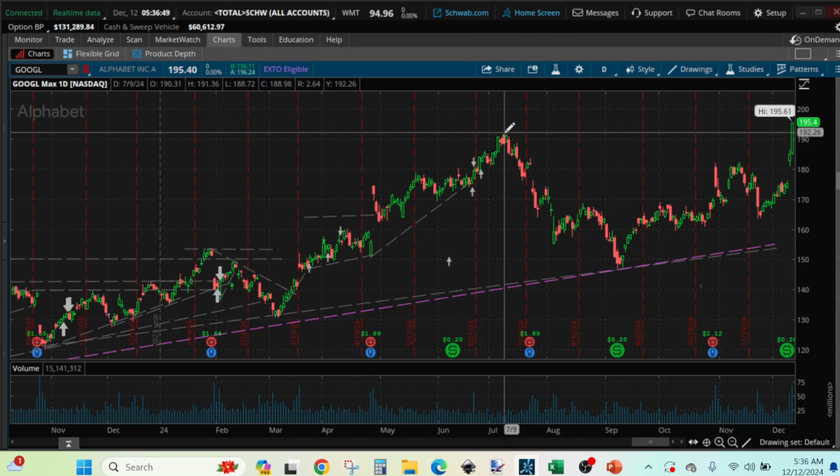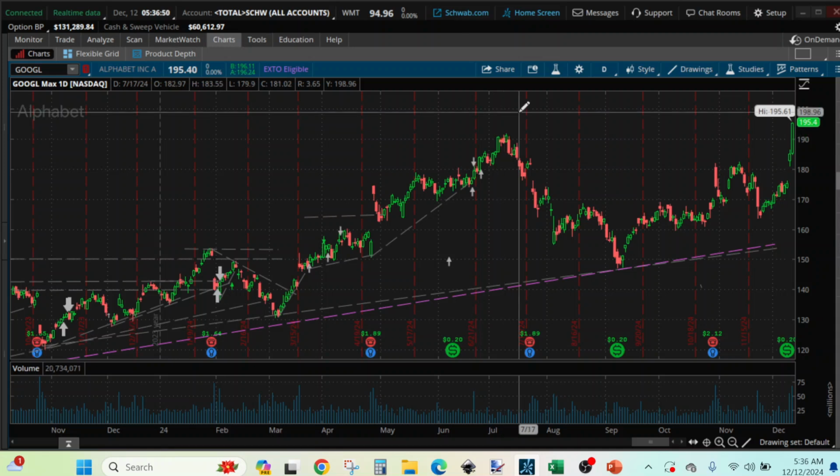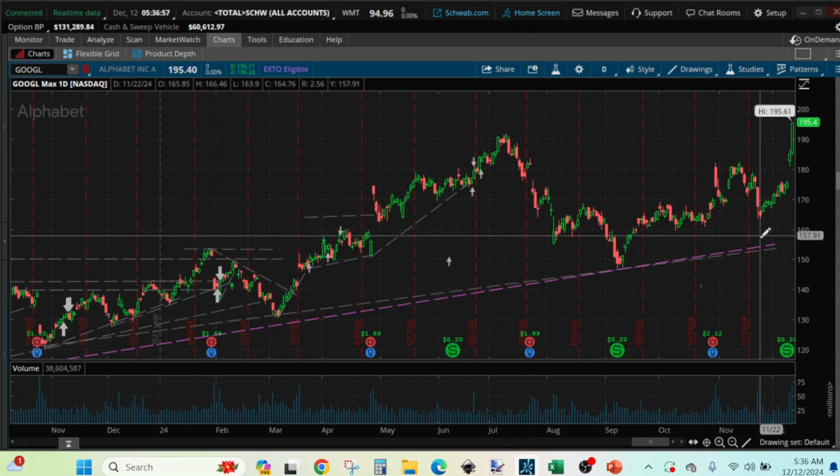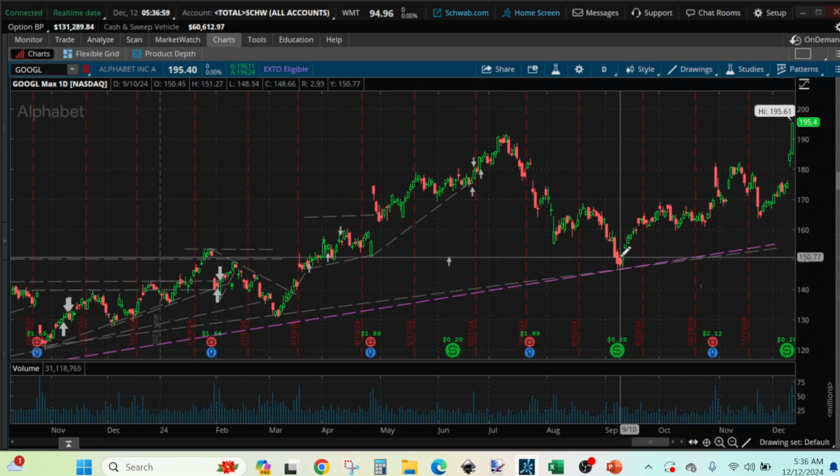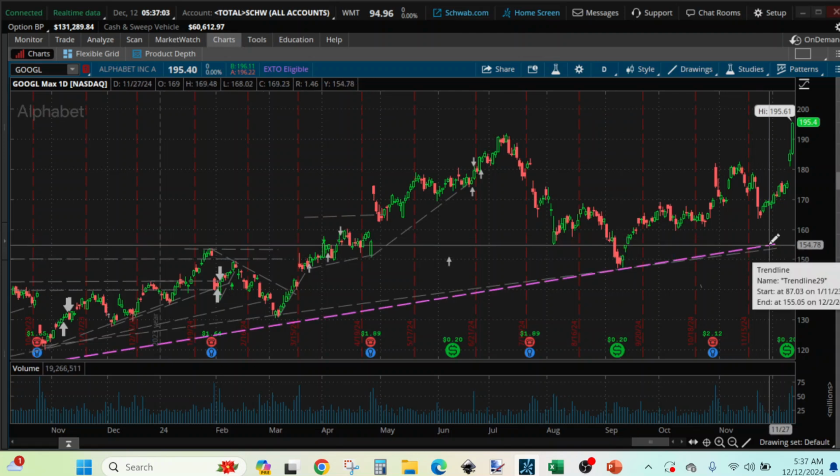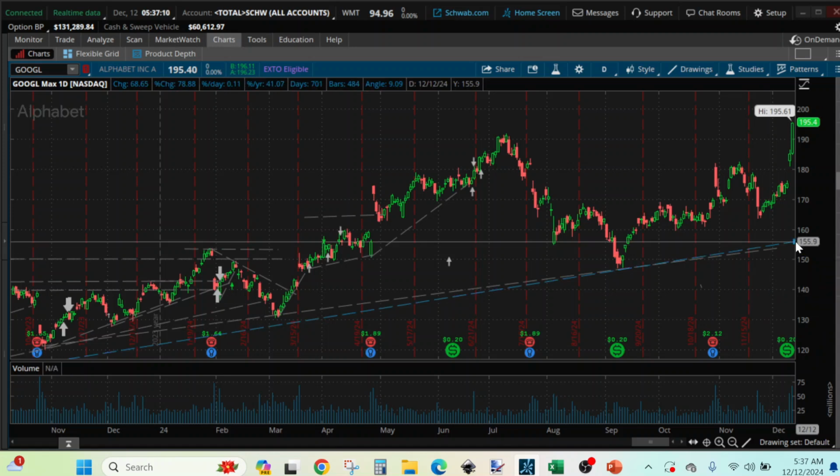But even if we were holding on to it, we could have sold it because it just went back up. That's good. And we like to just buy it on this trend line. So I don't know when it's going to go back to this trend line, but we prefer to wait and get in at that trend line.